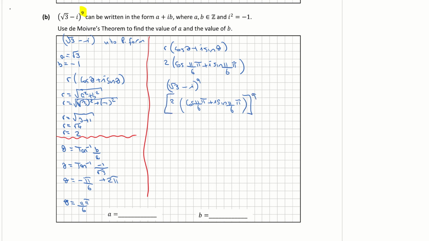Now, if I use de Moivre's theorem, it simply tells me to put the 9 to the power of the 2, the r, and then I multiply the angle by 9 as well. So that's then going to be cos, I'll just change the color here so you can see what's happening, 9 times 11 over 6 pi plus i sine 9 times 11 over 6 pi.